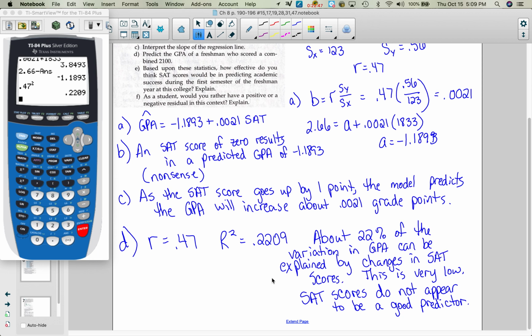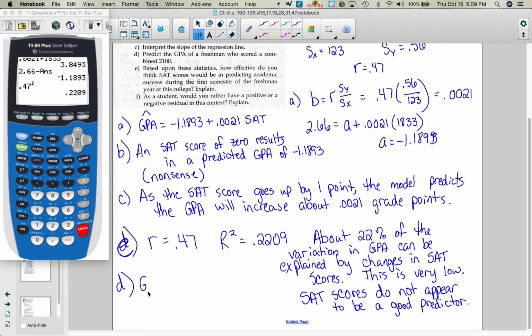Okay, that was part E, actually. What happened to part D? Oh, sorry, this was part E. I skipped part D, so let's go back. Predict the GPA of a freshman who scored a combined 2100.